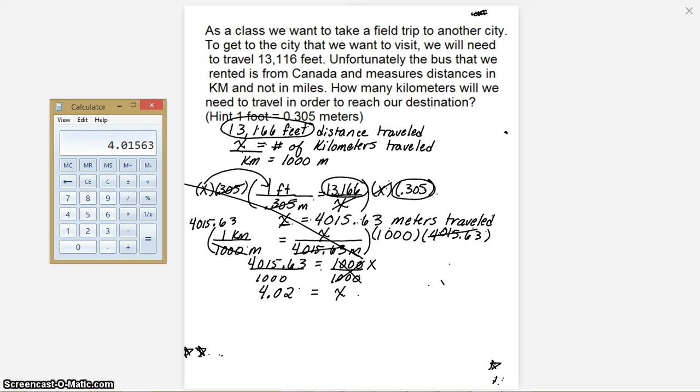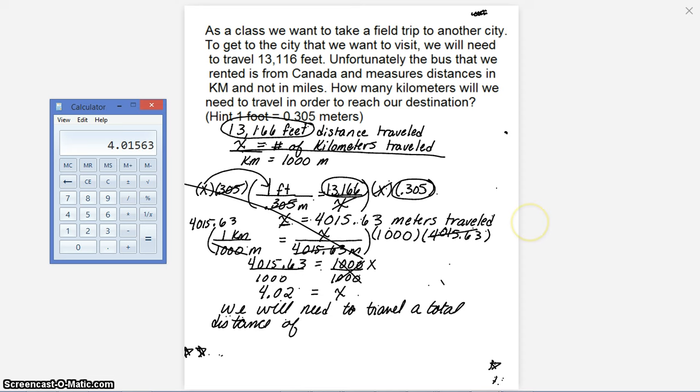So we need to travel a total distance of, remember our original question was asking us the number of kilometers, 4.02, when in doubt, 2 decimal places, kilometers.